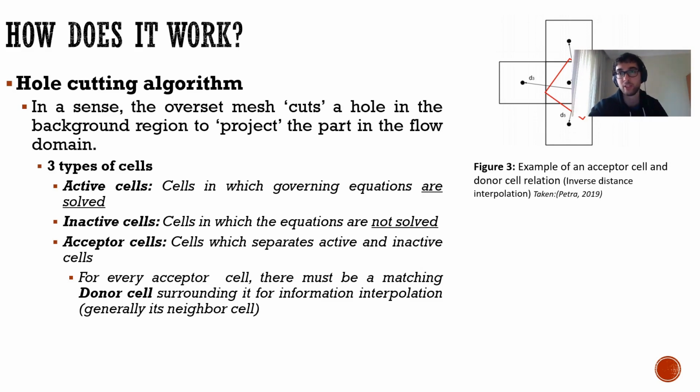What the interpolation does is that it gets information from the top cell here, the left cell, the right cell, the bottom cell, the one in the middle, and interpolates all that information to one point, which is the acceptor cell here. And through that interpolation, the information transfer occurs throughout the whole domain.